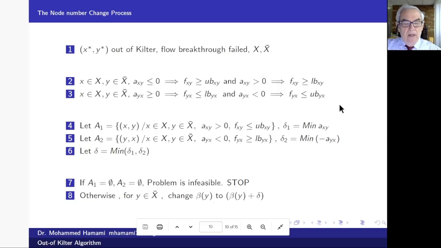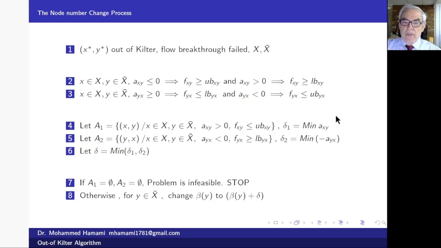Okay, so this is the node change process. So what you're going to have to do is, first, I'm going to go through this. If A1 is empty and A2 is empty, then the problem is infeasible. So we have to prove that.